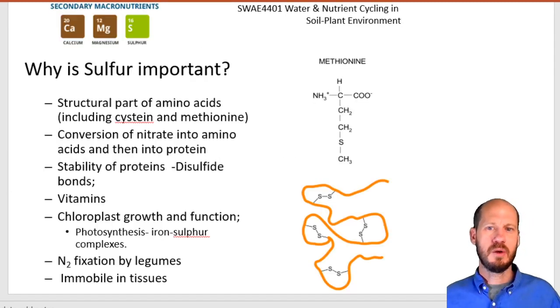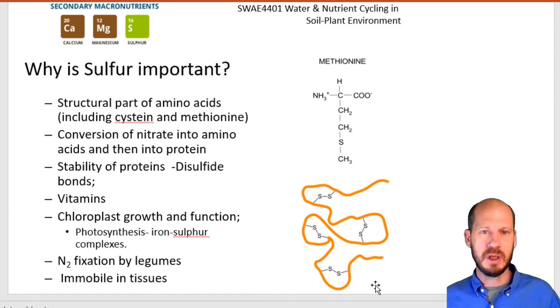Sulfur, on the other hand, is a completely different story. Its role in plants is mainly because it's part of amino acids and proteins. So the behavior in the plant is similar to nitrogen, in the way that the bulk of the nitrogen in the plants is in the protein molecules.